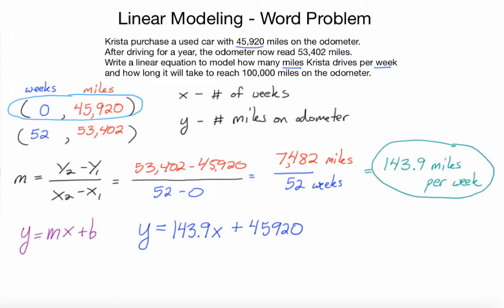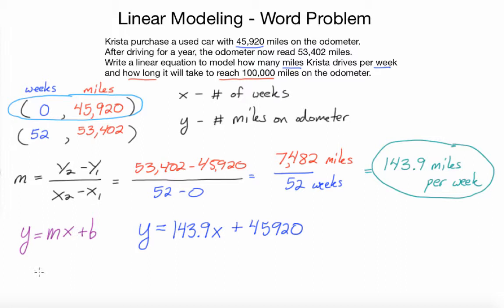We still need to figure out, well, how long, there's the question, how long will it take to reach 100,000 miles? Well, 100,000 miles is a y value, and so if I want to solve for that particular y value, I'm going to put 100,000 in for y, and I'm going to solve for the value of x.